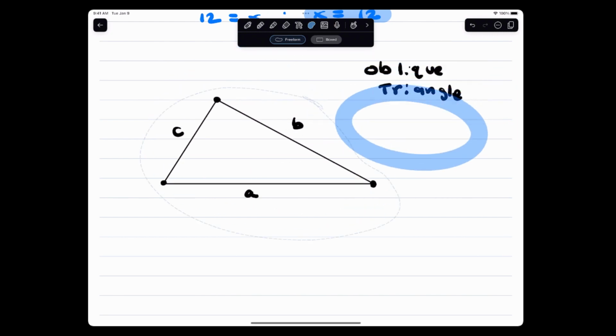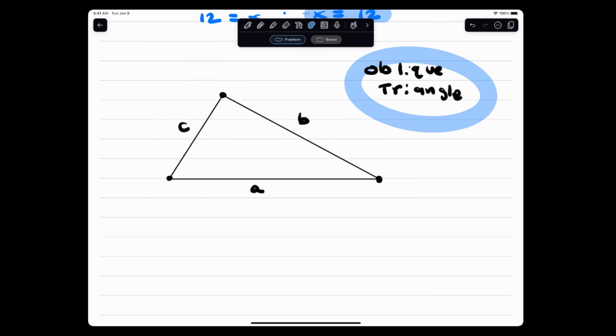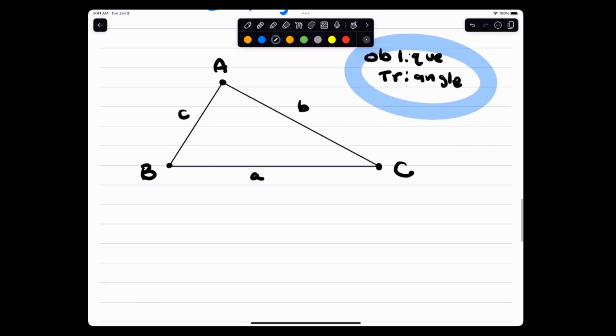And I'm going to put these capital letters here as well: capital B, capital A, capital C. These vertices, they are oblique. This triangle is oblique.